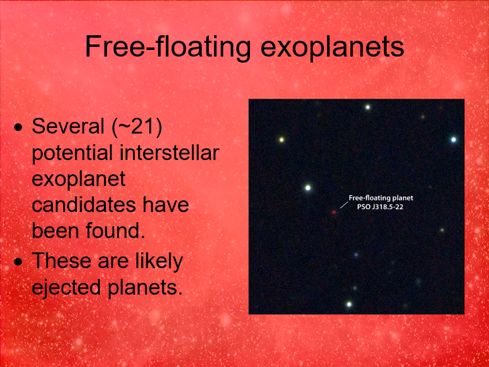They probably did not just form out there by themselves. They probably formed in a protoplanetary disk, and then as planets migrated, they got kicked out. But the fact that they are out there, now you say, a couple dozen of them almost, that's not very many, except these things are almost impossible to find.